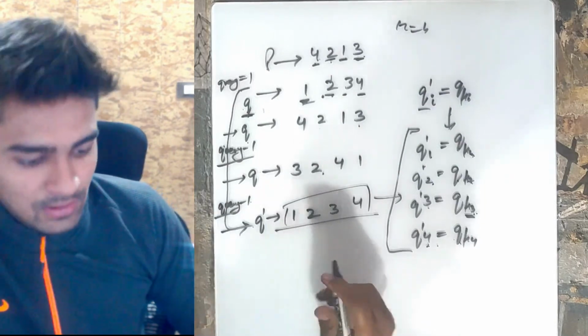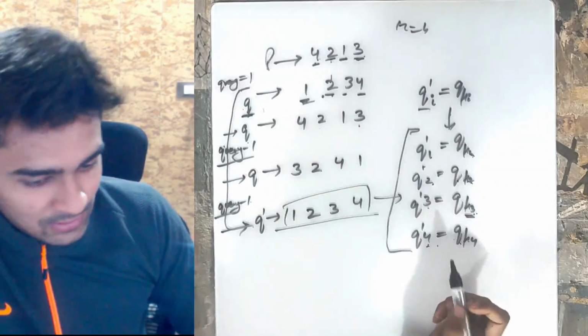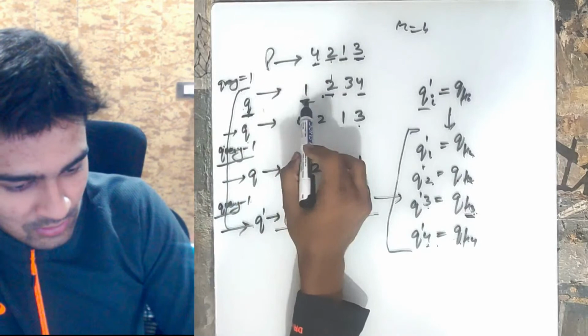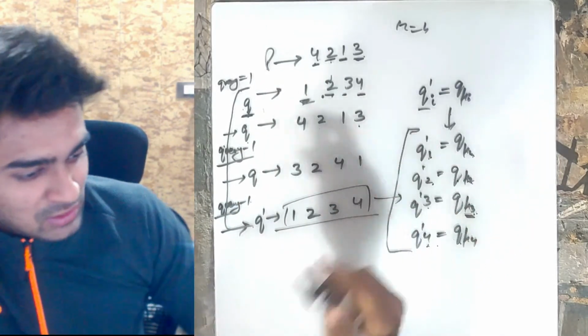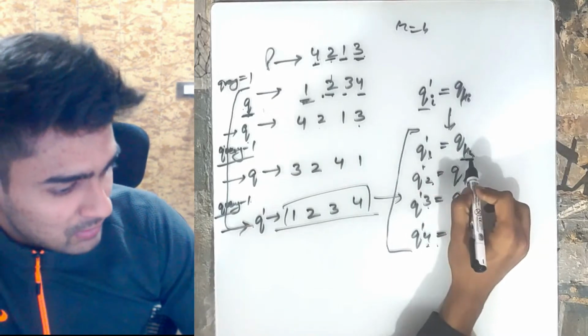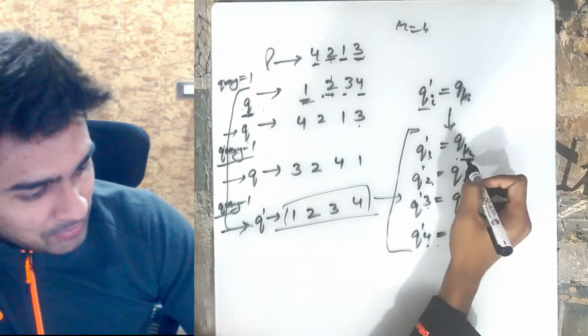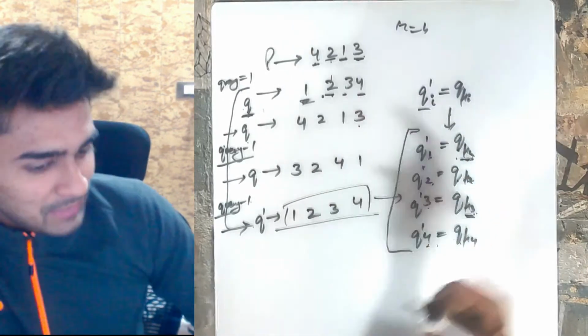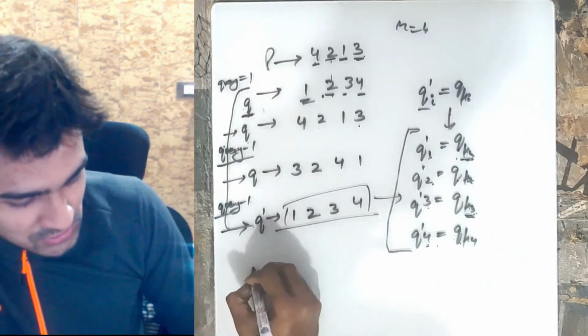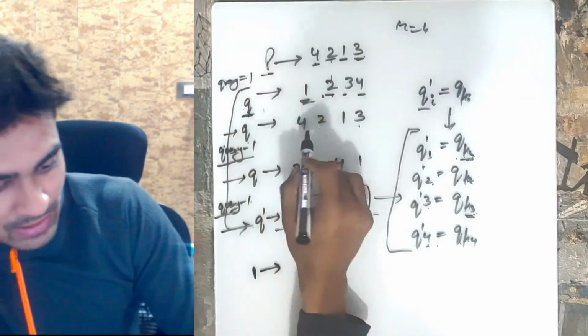Now, something that you need to notice here is that when we make q dash 1 equals q of p1, we are actually asking that whatever we have in p1, you need to take that particular index from q and put it at q1. What it means is that at the first position in my permutation p, I have 4.